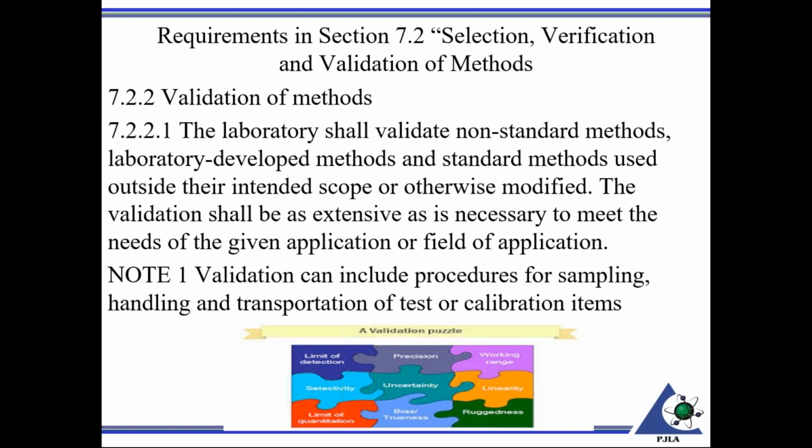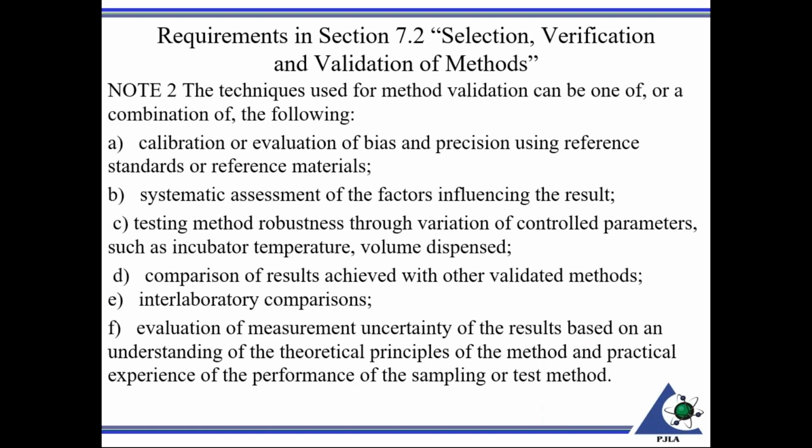Validation can include procedures for sampling, handling, and transportation of test and calibration items. The standard does give you some additional information for validation. The techniques used for the method validation can be one or a combination of the following: calibration or evaluation of bias and precision using reference standards and reference materials. Again, systematic assessments of factors influencing the results: temperature, humidity, volume dispensed, for example.